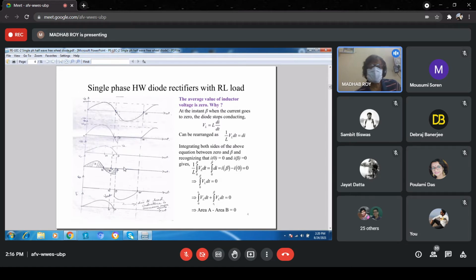Basically, from the current picture, if you observe, the current at 0 will be 0. Again, the current at beta, the value of omega t, will also be 0. So the integral of VL dt from 0 to beta is basically 0.